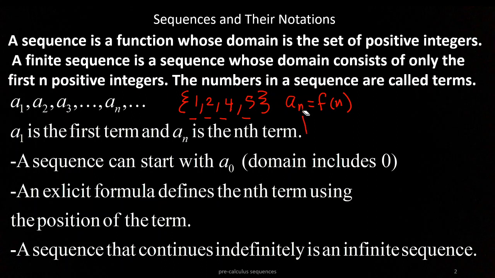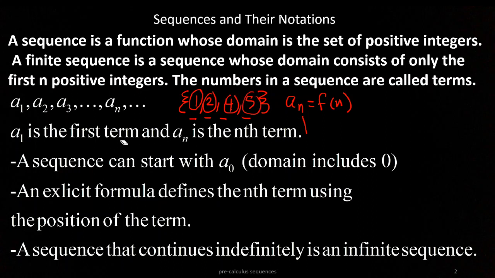It's not a real number, it's an integer. So you don't find f of, for example, 1.5. It's only the positive integer. Sometimes we use 0, but in general, no. So f of n is a formula if there is one. If there is no formula, then we just have the members or the terms, and that's the sequence. All right. So this one right here is a sub 1, a sub 2, a sub 3, a sub 4, and so forth.